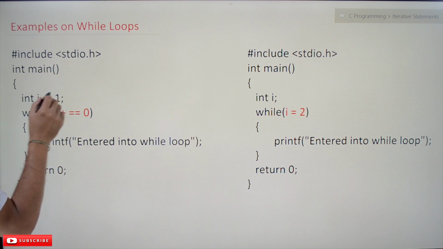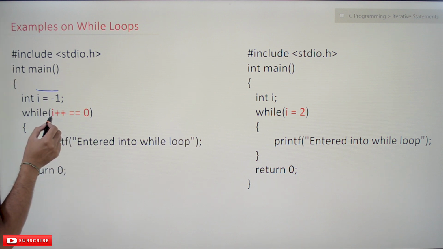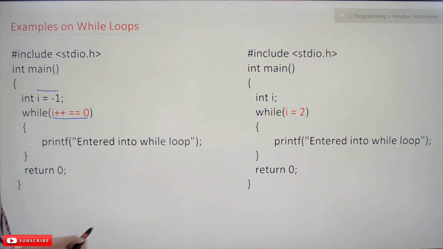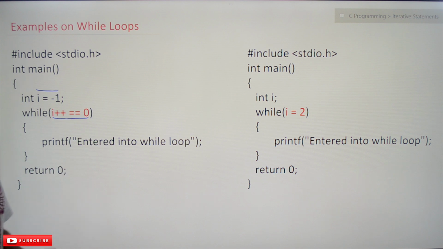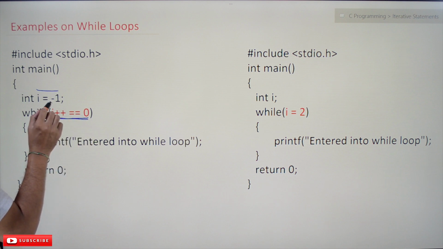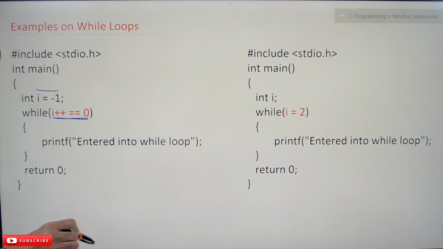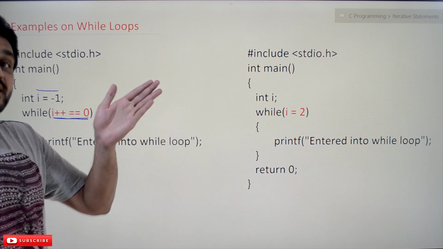Here, initially int i is equal to -1, so i is assigned -1, and i++ is compared with 0. Usually we will think, okay, -1 will get incremented and it is equal to 0. But it is a post increment. Post increment means the value of i will be used and the incrementation will be reflected later.